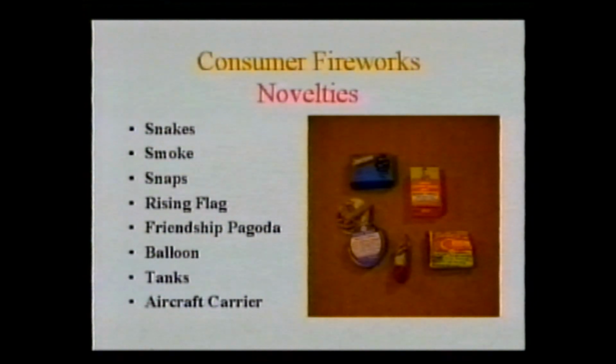A variety of rolling fireworks like tanks, trucks, motorcycles that have little cardboard wheels. If you set them on a flat surface, they will roll along the ground when they're lit. And even something called an aircraft carrier, a paper boat that will float on the water and then will actually launch several helicopter-type planes from the deck of the aircraft carrier.